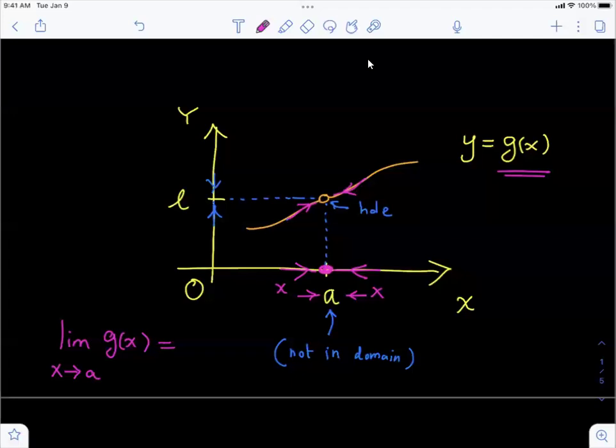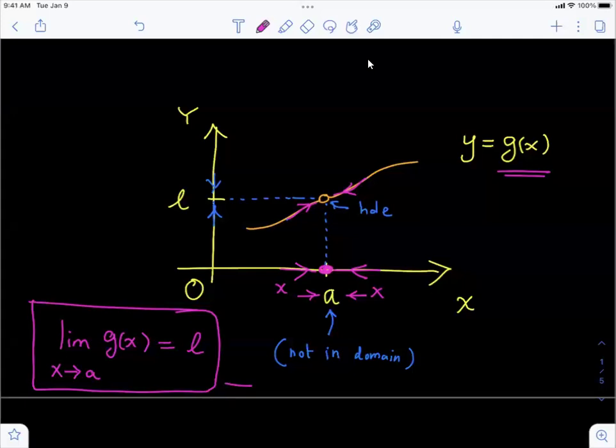What we did was, the limit of the function g of x when x goes to a equals L. So the entire story about the behavior of this function at x equals a, or around x equals a, is simplified into this simple mathematical statement.